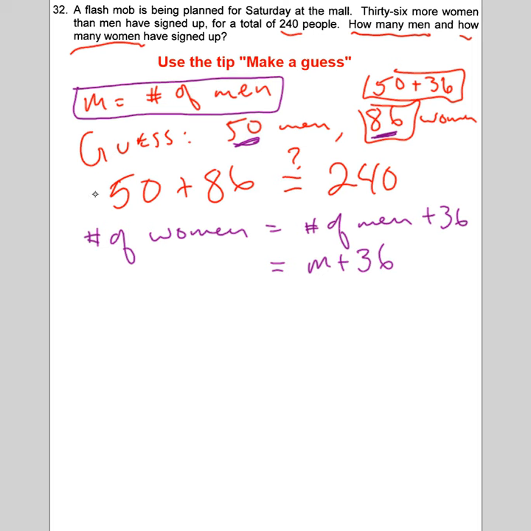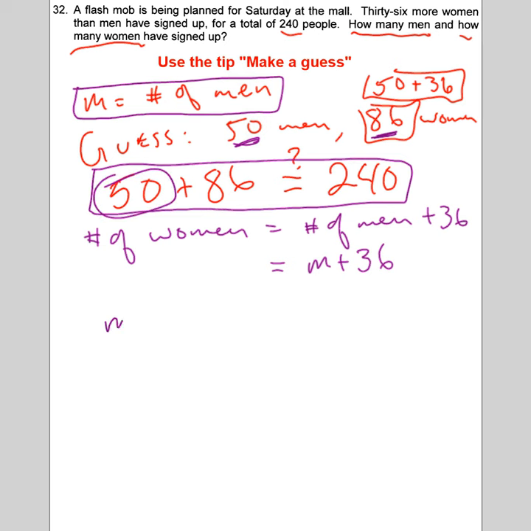So now when we did our check down here, look what we did. We took the number of men plus the number of women, and we just figured out that the number of women can be written as m plus 36, and then we set it equal to our total.